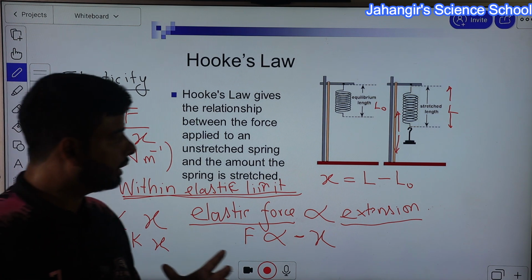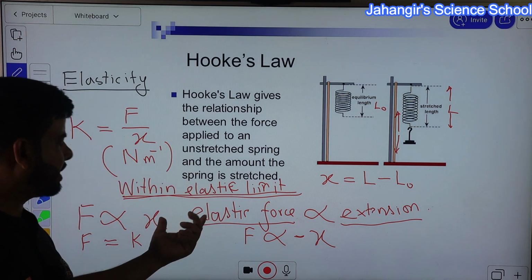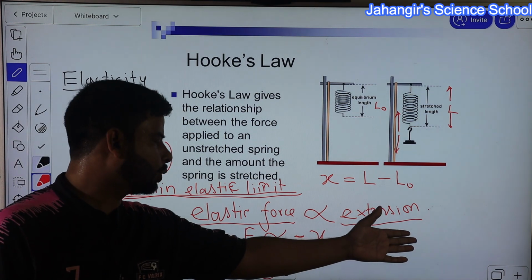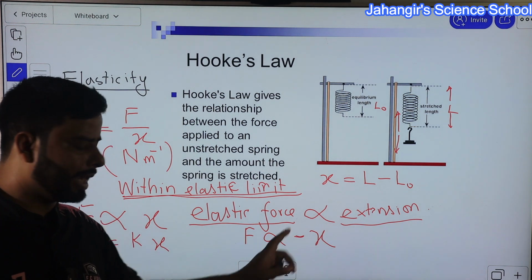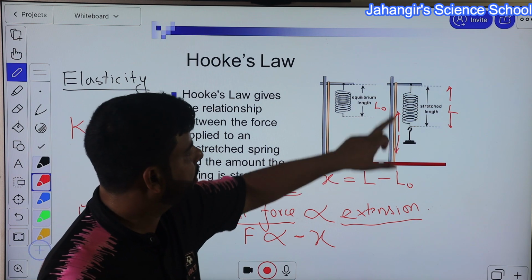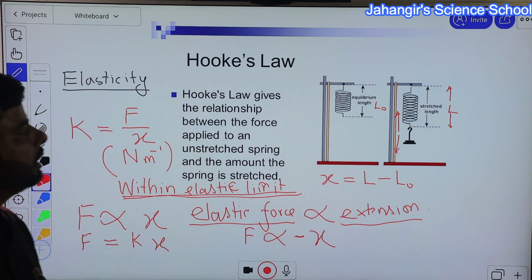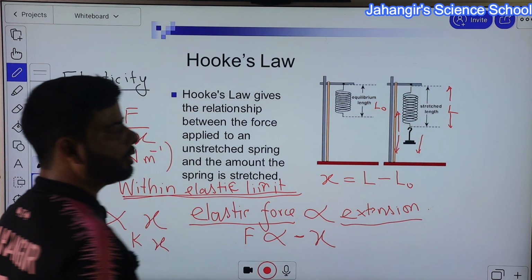So in summary, within elastic limit, elastic force is directly proportional to extension. F is directly proportional to x, but there is a minus sign. This minus sign indicates that the direction of the elastic force is opposite to the extension. The extension occurs downwards, but the elastic force is upward.